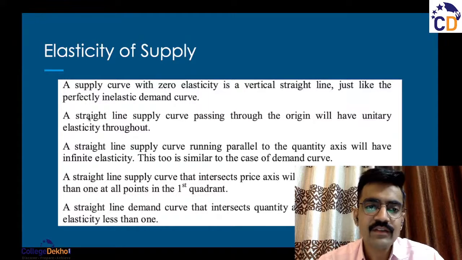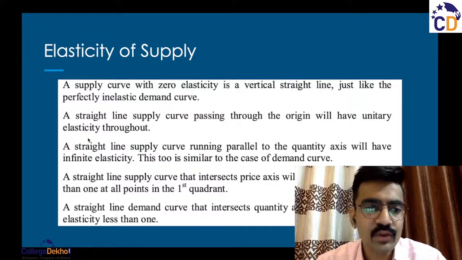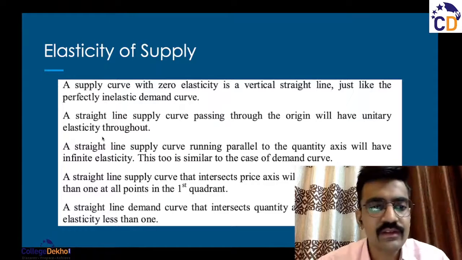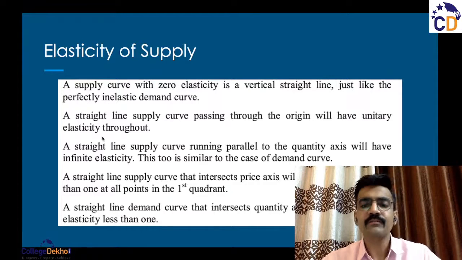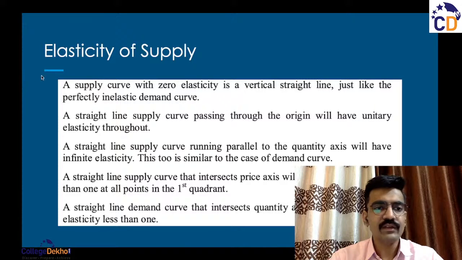Now, second case, a straight line supply curve passing through the origin will have unitary elasticity throughout. As in, let us say that here is the graph, this is the y-axis, this is the x-axis.